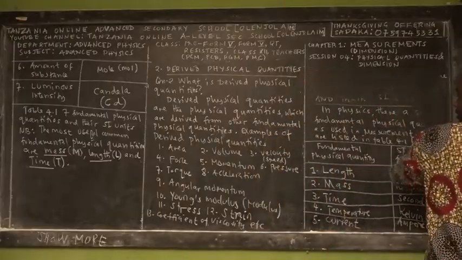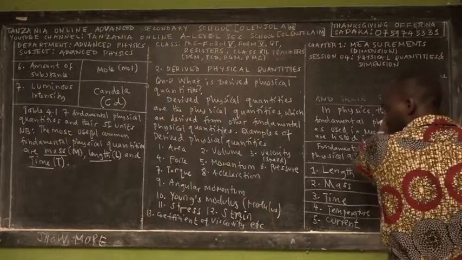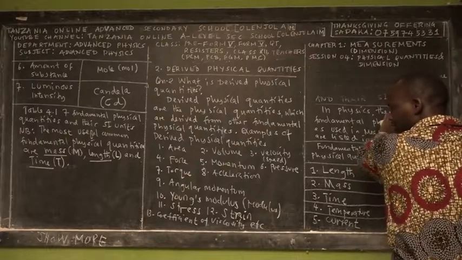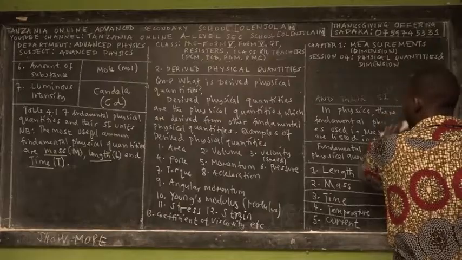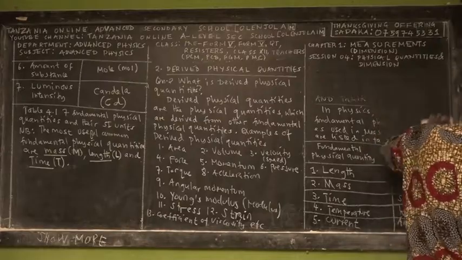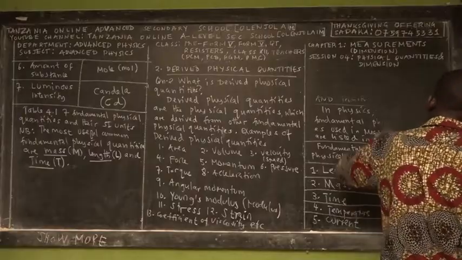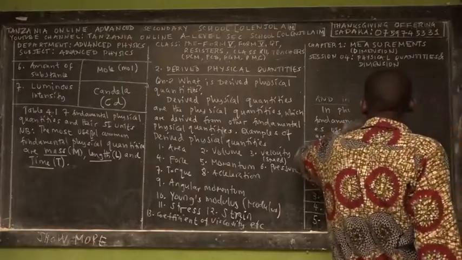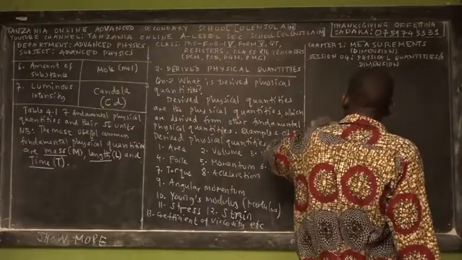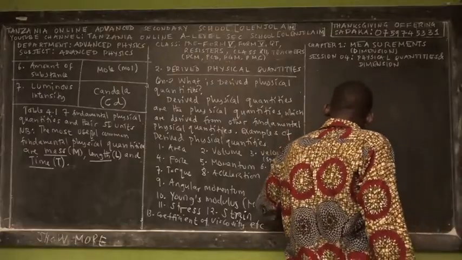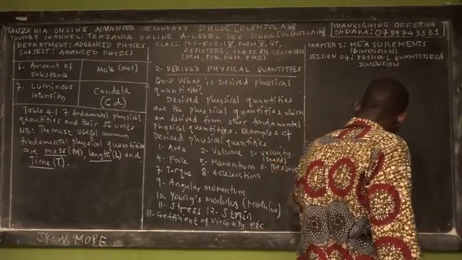The first eight derived physical quantities are common ones that we taught you in physics of ordinary secondary education.